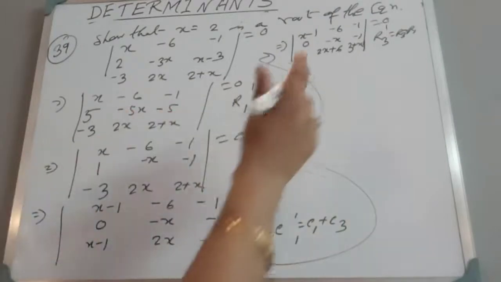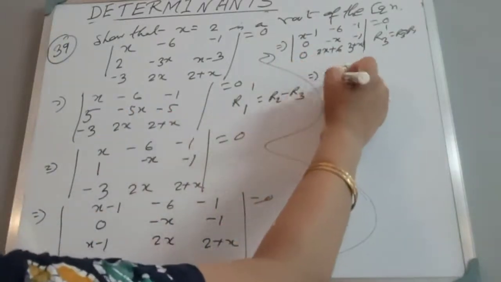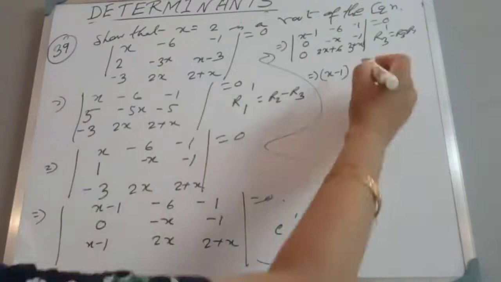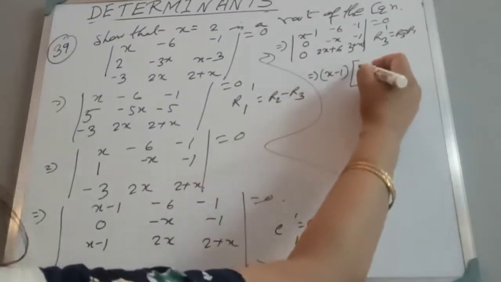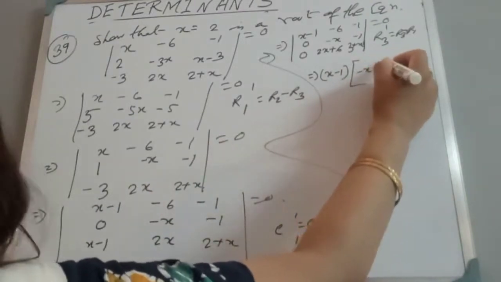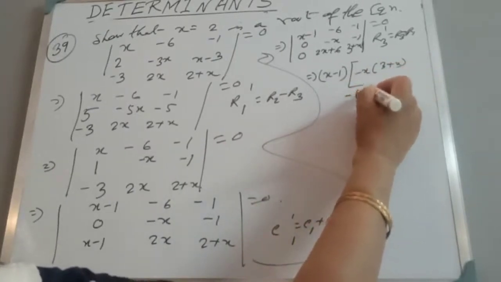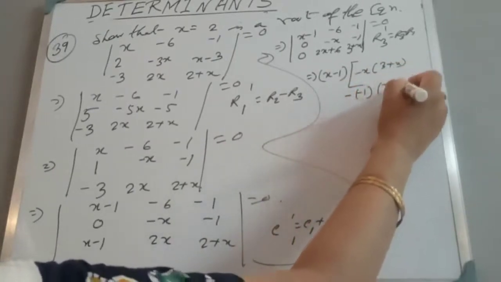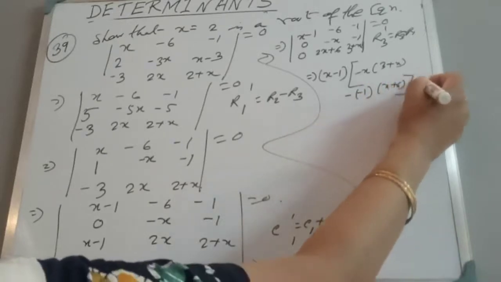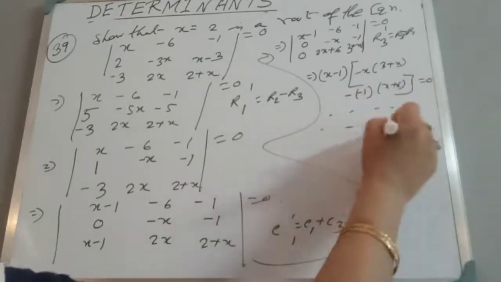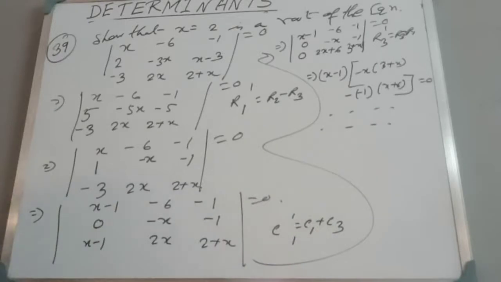Now we will expand, same as before. x minus 1 times, minus x into 3 plus x, minus of minus 1 into 2x plus 6, equals 0. This calculation part you can do on your own.